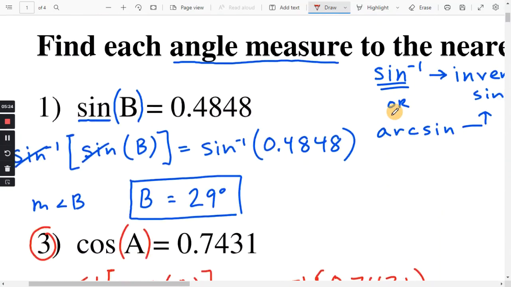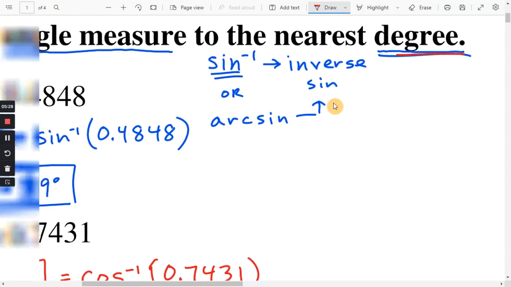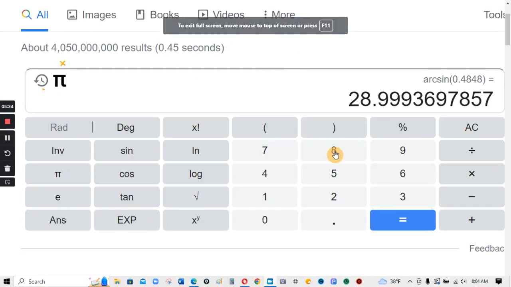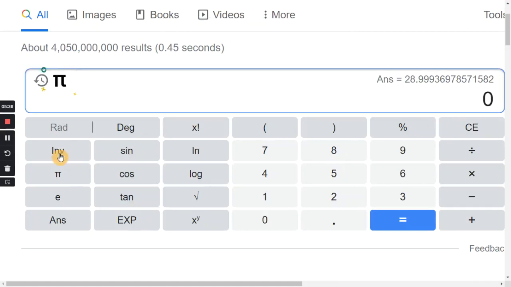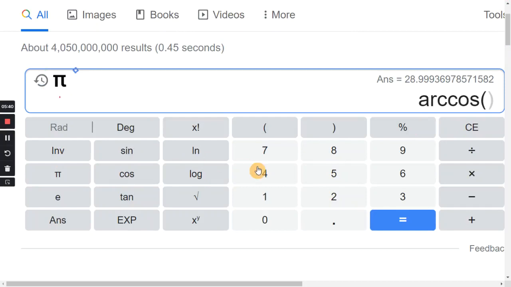Once again, make sure you are set to degrees. We're going to do inverse cosine of 0.7431. Hit clear, inverse cosine 0.7431, and then close parentheses.